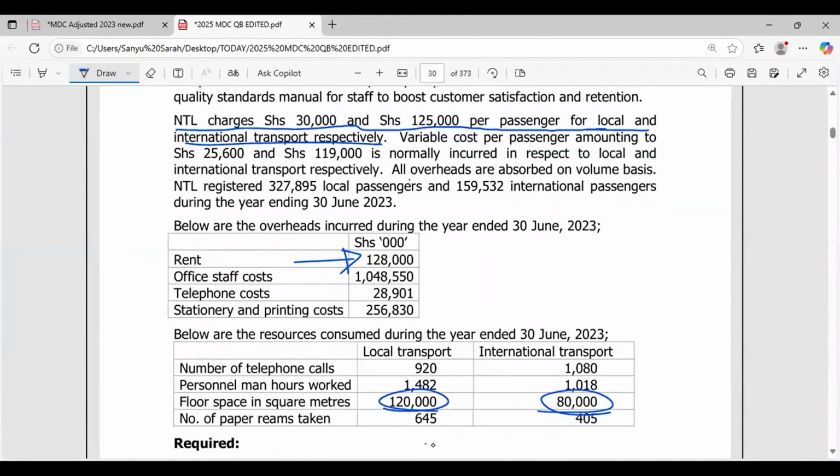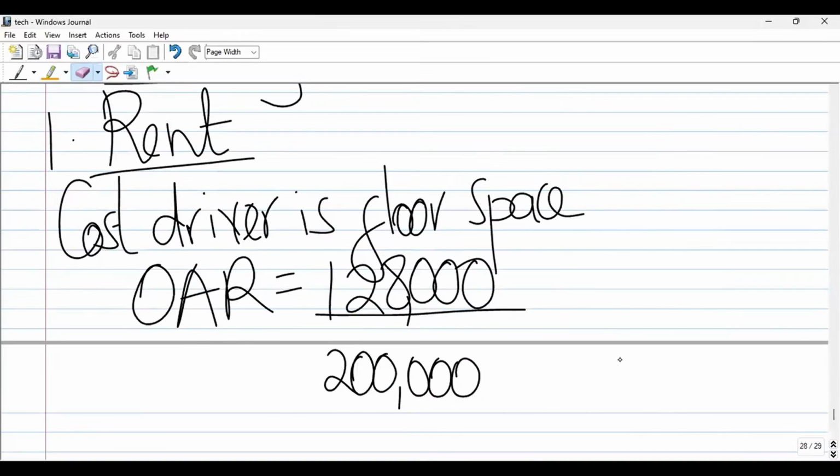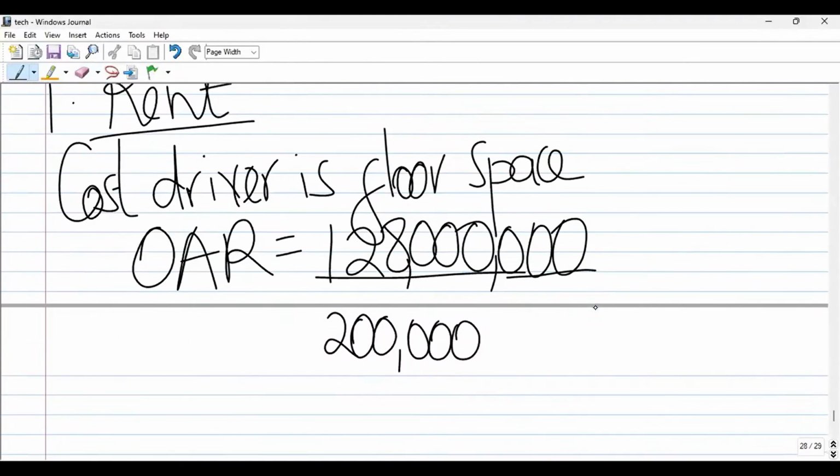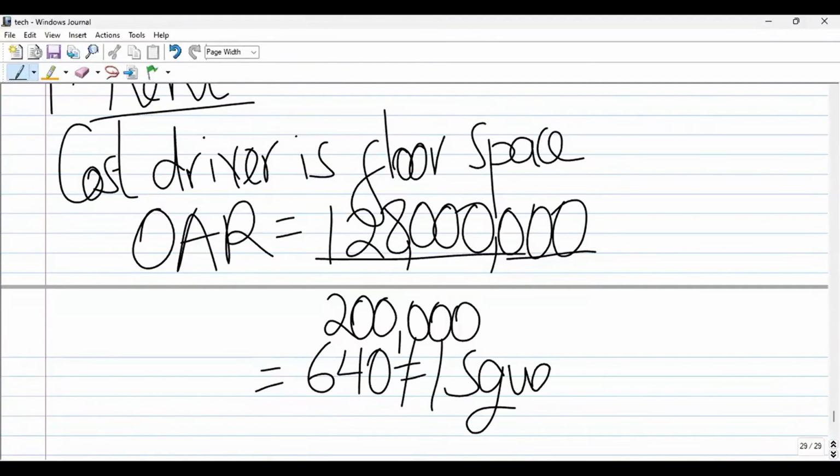Okay, if you want us to first compute the rate having the thousands, 128 million divided by 200,000, because some people may get confused. What do we get? 640 shillings per square meter.